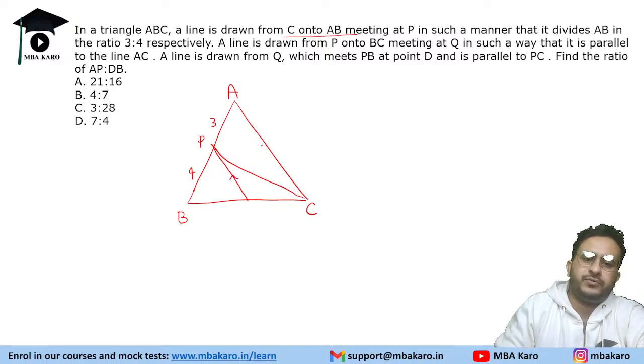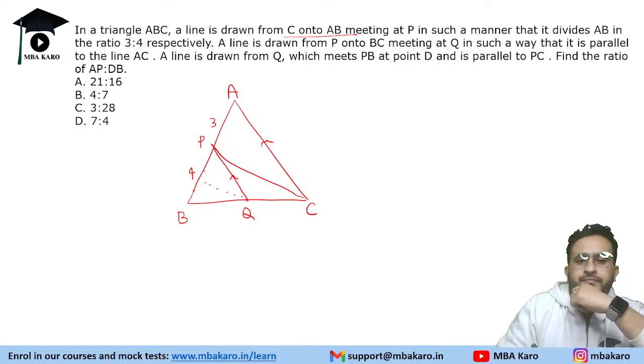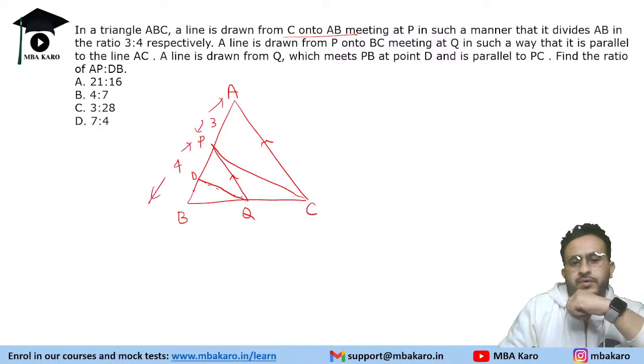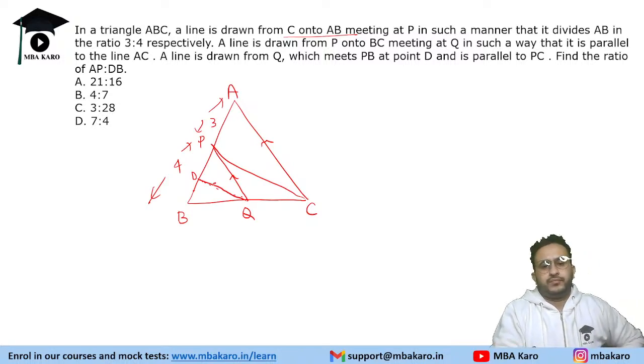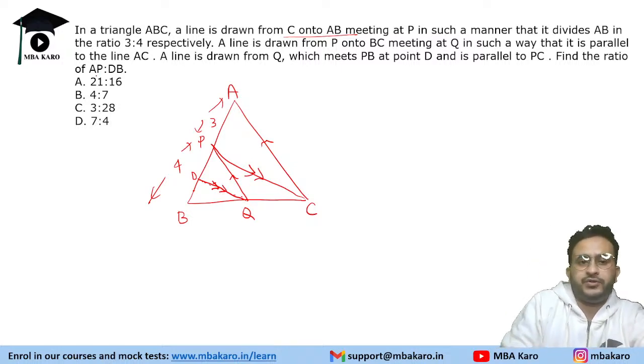Then a line is drawn from Q which meets PB at D and is parallel to PC. So we need to find the ratio AP to DB.